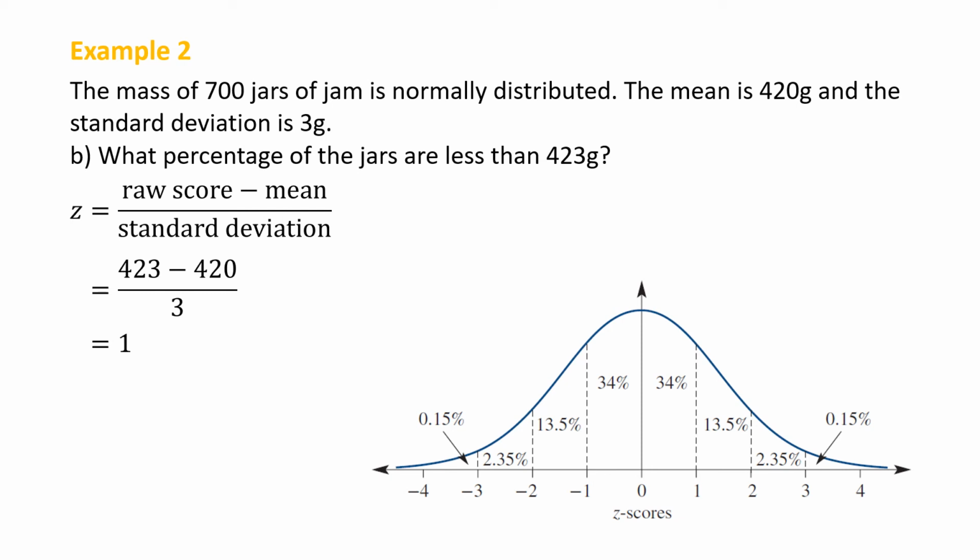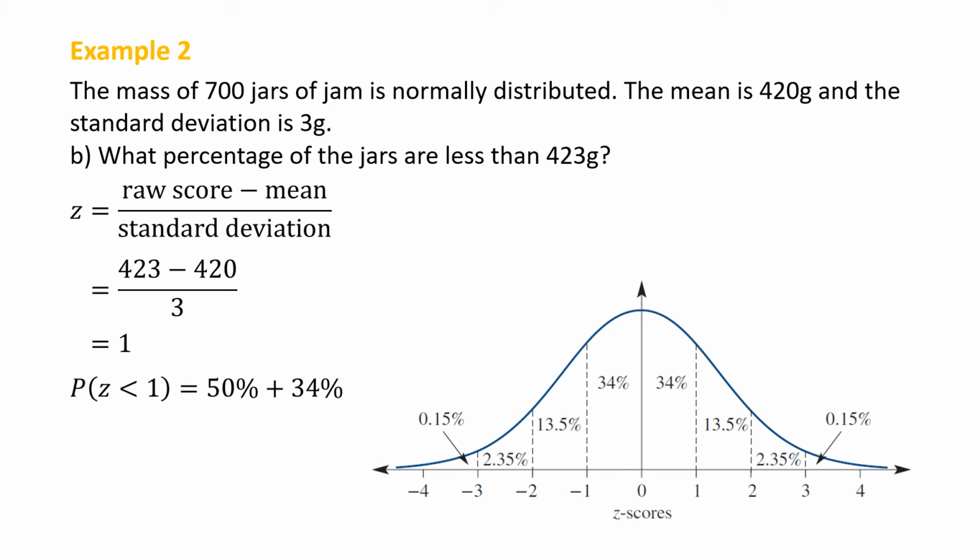The easier way, and there's nothing wrong with doing it that way, but there is an easier way: everything less than 0 is 50%, right? That whole half there is exactly a half. So then if I just want everything less than 1 standard deviation, well, it's everything less than 0, which is a half, 50%, plus 34%, the percentage between 0 and plus 1.